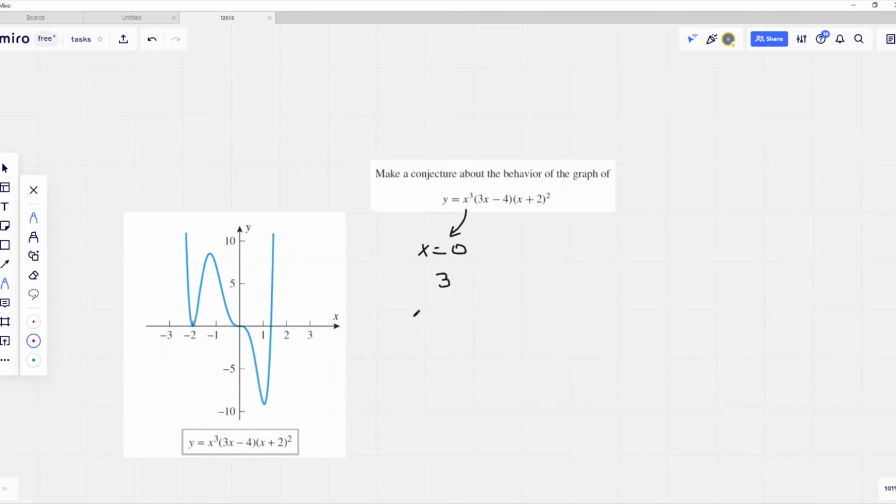So we'll have an inflection point. For x equals 4/3, we have a simple root here, and all we know is that our function is going to cross the x-axis.